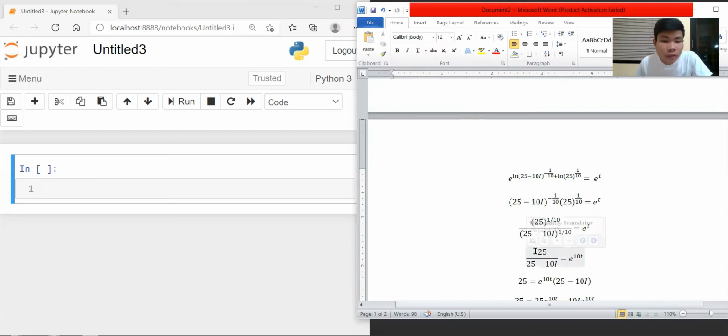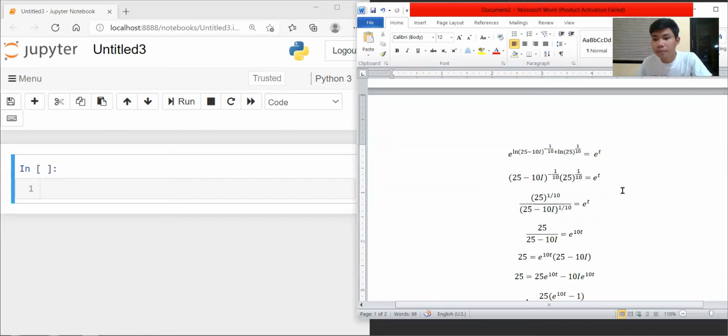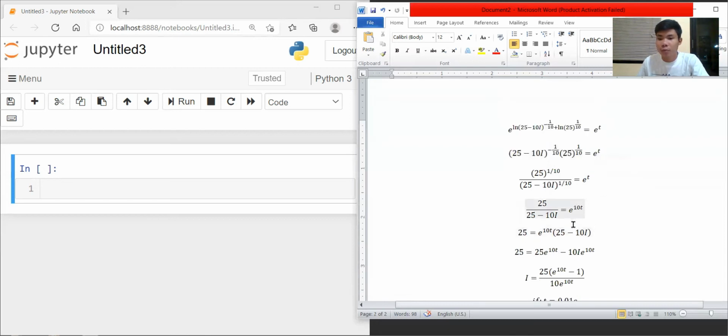So let's simplify further. Since this is raised to negative 1 over 10, we make it a denominator so that the exponent becomes positive 1 over 10. And since they have the same exponent, we can put them in one fraction, and then move this to the other side, which becomes e raised to 10t.